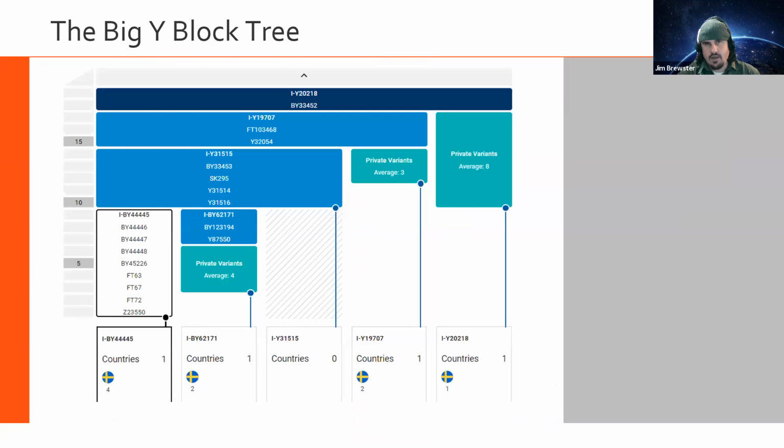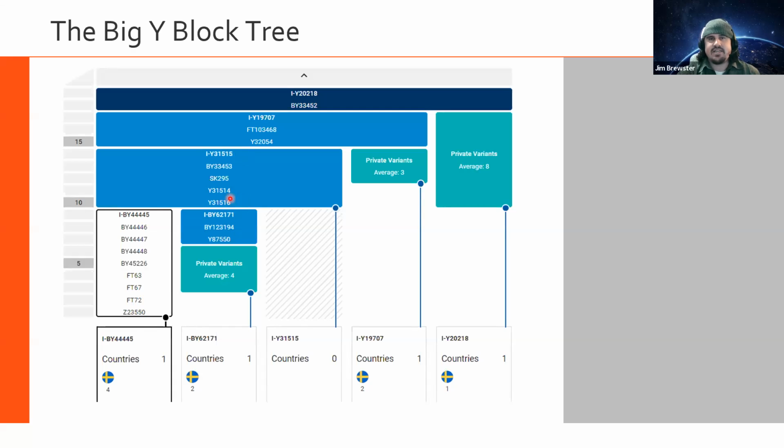So the block tree is essentially telling you the same thing that the haplotree is, but it's grouping these SNPs together. So in each block, you can see that there's multiple SNPs.